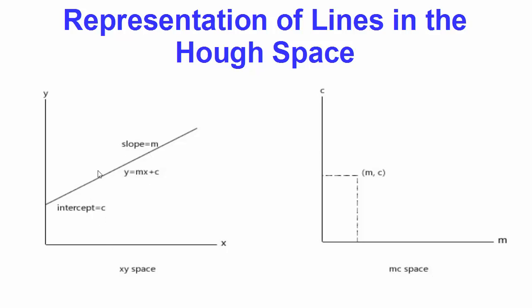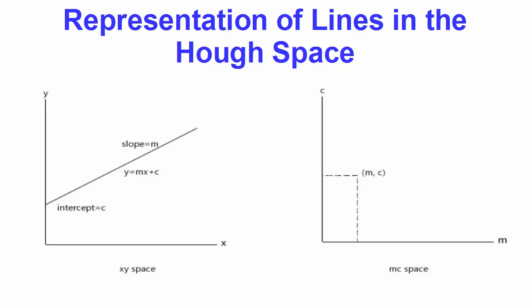Earlier we represented this line in the xy space, and now we want to represent it using the MC coordinates, where m is on the horizontal axis and c is on the vertical axis. When you represent this simple line in the MC space, it can be represented as a point.